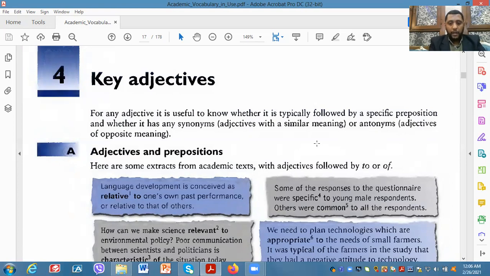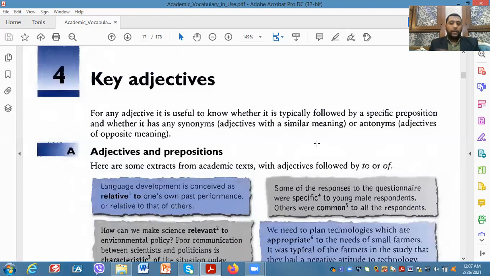Okay, by saying synonyms, we are talking about the same meaning. So adjectives with the same meaning. Like the word happy, for example, is an adjective. By looking for the synonyms of happy, we can find adjectives like pleased, delighted, glad.